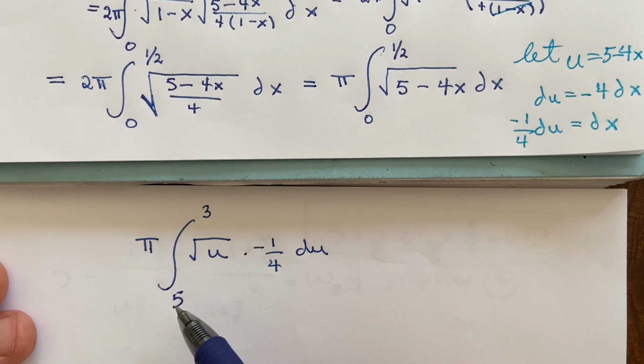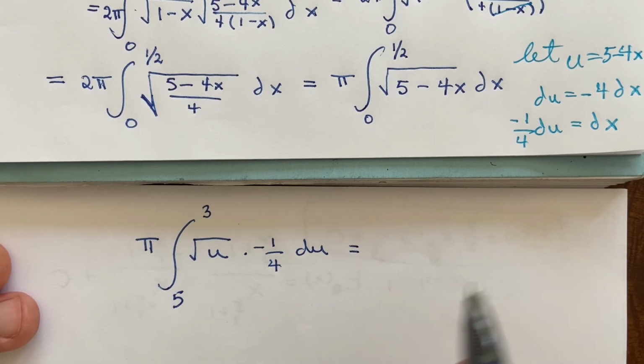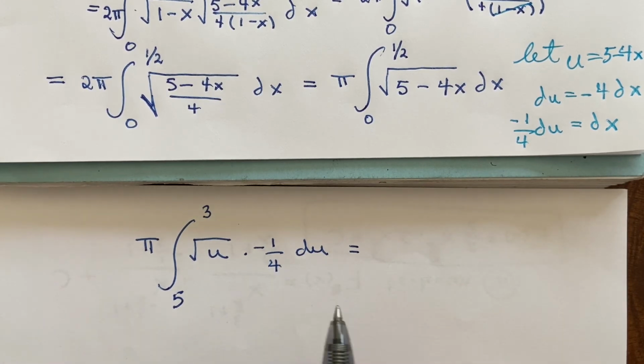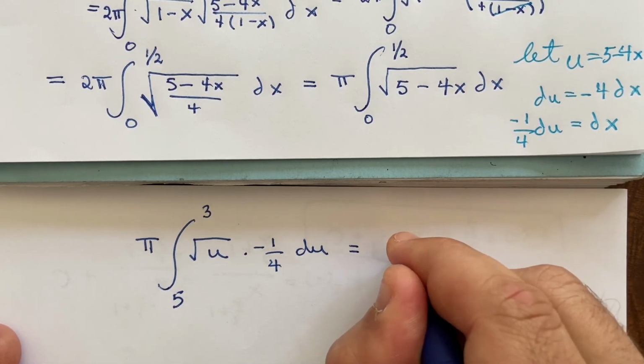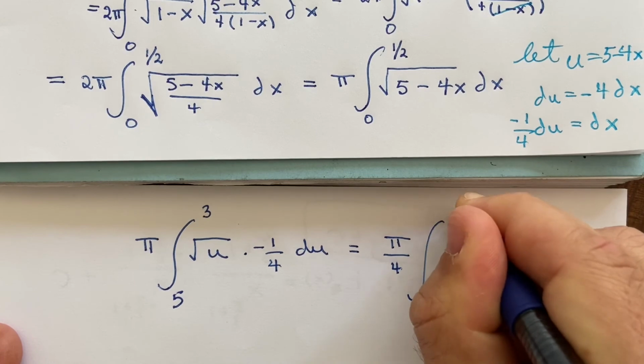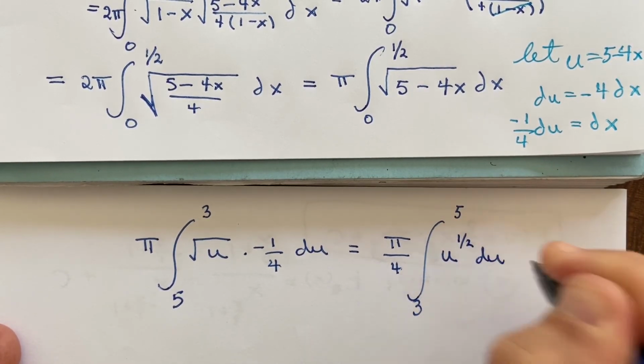We usually go from lower values to larger values. And if I do that, I would need to negate. So I'll just go ahead and negate. That way this negative 1/4 will turn into positive 1/4. So I'll have pi over 4, the integral from 3 to 5 of u to the 1/2 du.